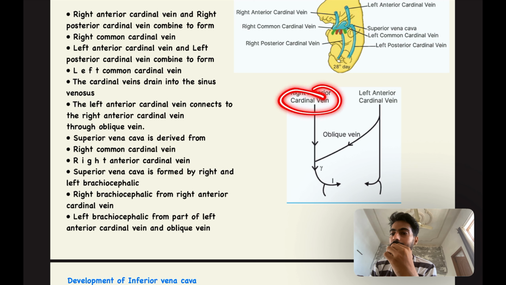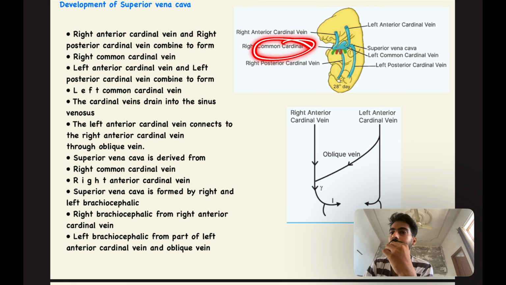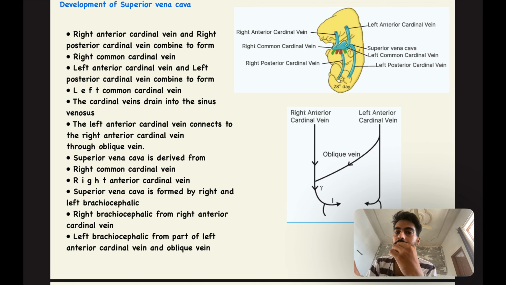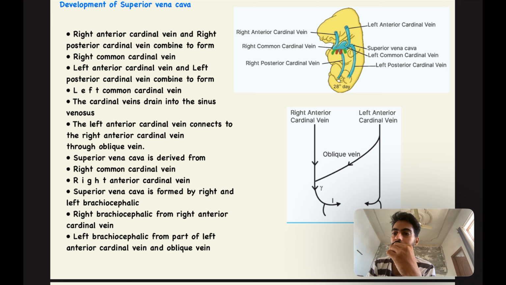So if we recap, the right anterior and right posterior cardinal veins form the right common cardinal vein, and they drain into the sinus venosus. The left anterior cardinal vein sends its blood through the oblique vein into the right anterior cardinal vein, and this forms our superior vena cava, derived from the right common cardinal vein and right anterior cardinal vein.